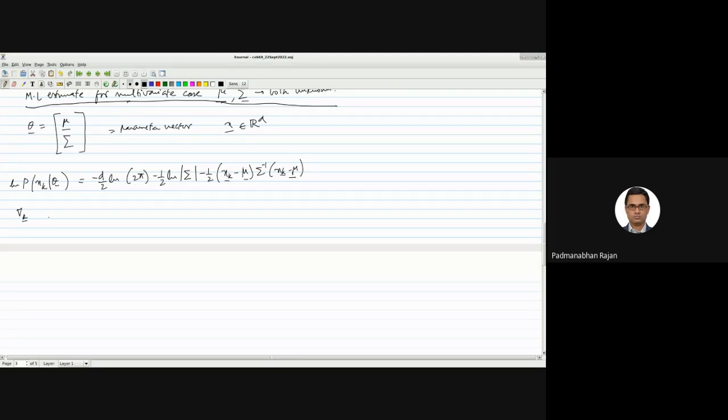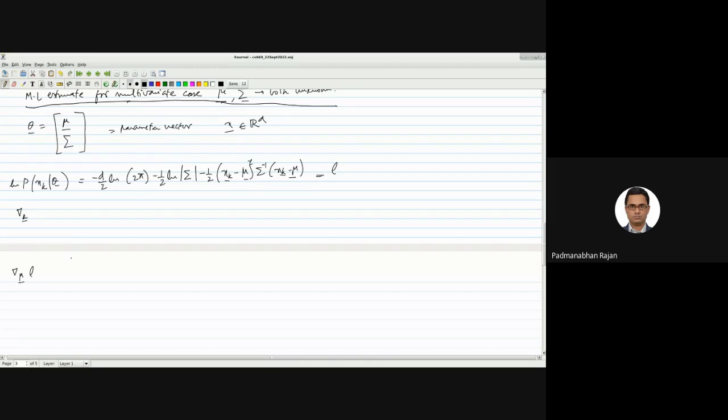So let's first do it with respect to the mean. I'm calling this function L. So the derivative with respect to the mean vector of L is going to be, you can straight away see that there is no mu in these two terms, so they will vanish. I have only this quadratic form here.